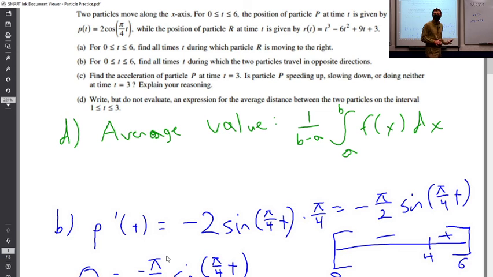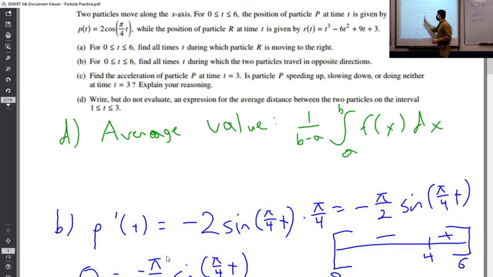And in this case, we are looking for the average value of distance. So the question you have to ask yourself is, how would I find the distance between the two particles? And that's what is going to go inside the integral.